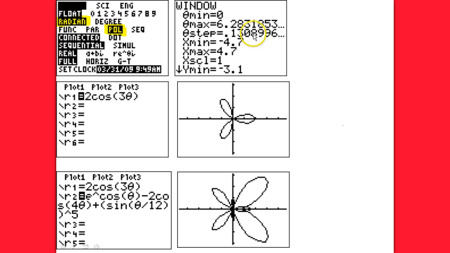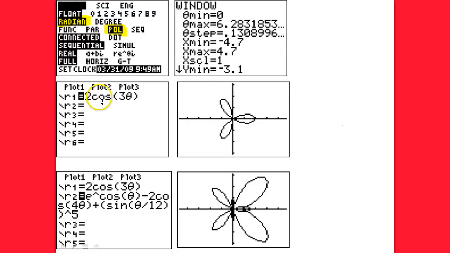Tell it to count by 0.1, or tell it to count by pi over 6, or whatever. Again, whatever you type in radian mode, like with a pi in it, it'll convert that to a decimal. Then I can just set x and y as I normally would. So I've got my x's going out to about 4.5, and I've got my y's going out to about 3. So you can set your x and y values to whatever you'd like.